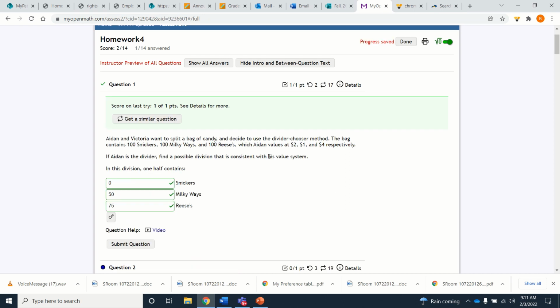So we could have gotten a different distribution as long as it all added up to $3.50 for the half. So we just have to play around a little bit until we come up with $3.50 that is half of the share. That way Aiden would get $3.50 worth of candy bars and Victoria would get $3.50 worth of candy bars.